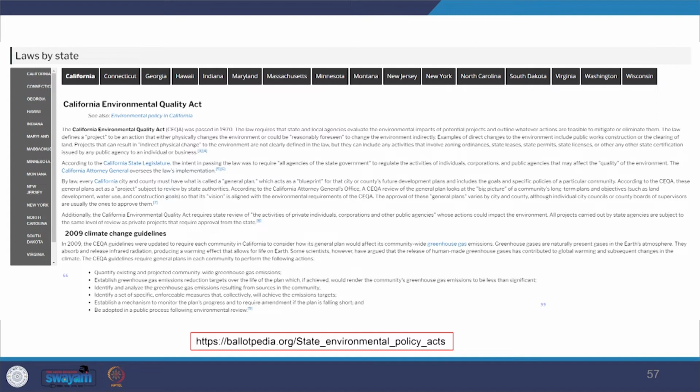That all needs to be specified in your assessment report. Further, you need to establish a mechanism to monitor plans, how you are going to monitor that, and how this entire thing will be adopted in the public process. So, all these have to be taken care of. Here you can see the snip of the law from the California state.